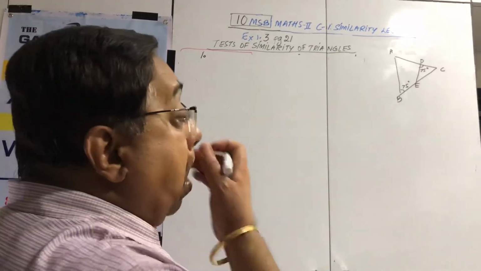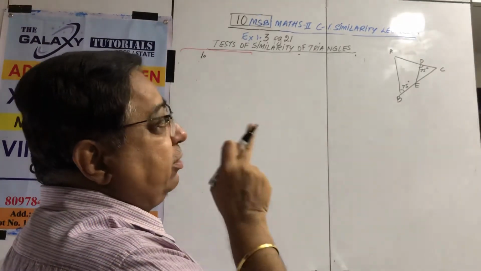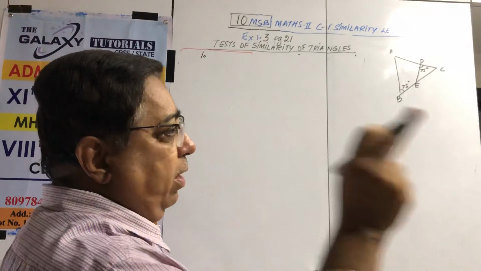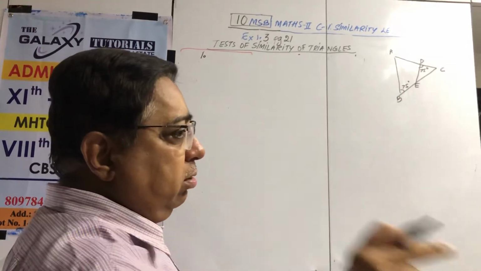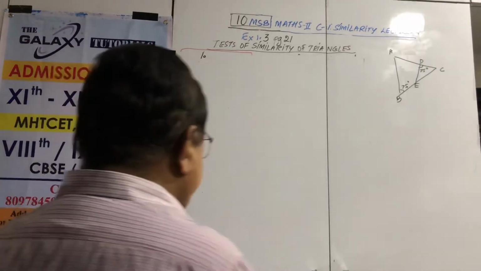This means that if you need to flip the diagram, you have to flip it so that the sides you are talking about, 1 and 1, 2 and 2, 3 and 3, are in order. Let us see the sum.